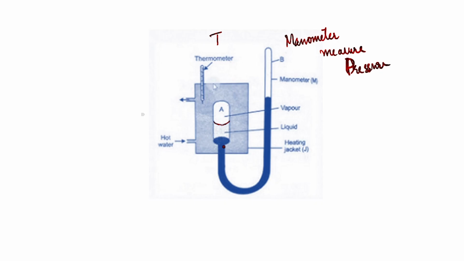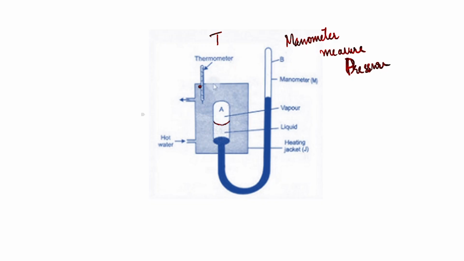This tube is then attached to a manometer. Manometer, we are using it for measuring the pressure. The whole glass vessel is inserted into a jacket where we can use either water or any other liquid to maintain a temperature. You can increase the temperature as well as decrease the temperature.